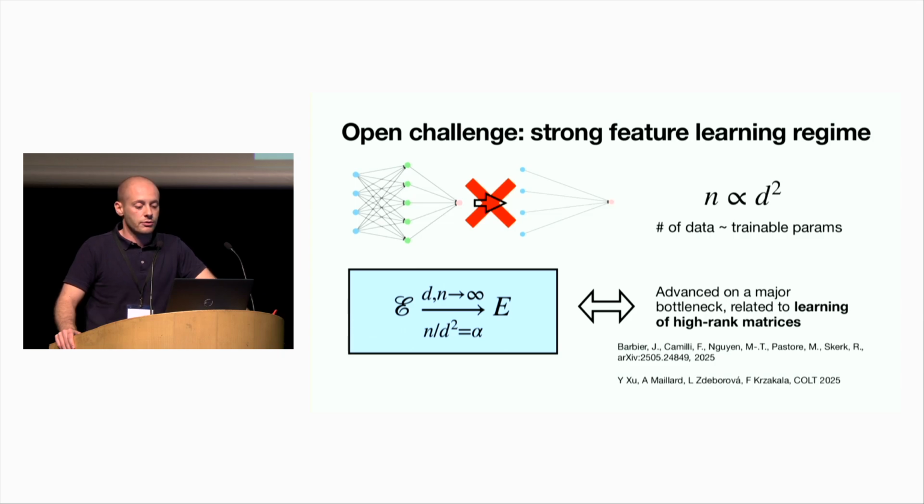We have conjectured a formula together with colleagues in this paper that appeared on arXiv recently. There is also a nice paper by Antoine Maillard and Yizuk Su, that they are presenting this week about a related problem. They prove this formula in a specific setting, but we think that one has to work way further before getting a proof of the full conjecture that we have. Thanks a lot.